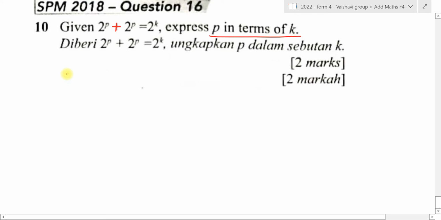You need to express p in terms of k. So what I can do is u plus u. Express p in terms of k.